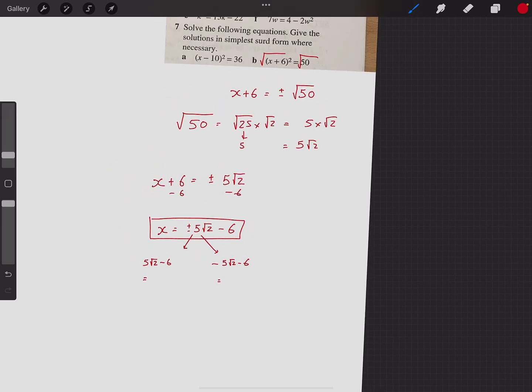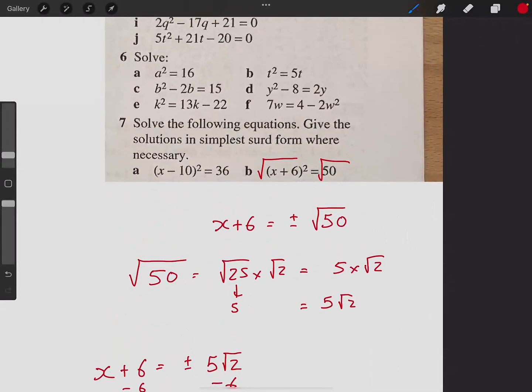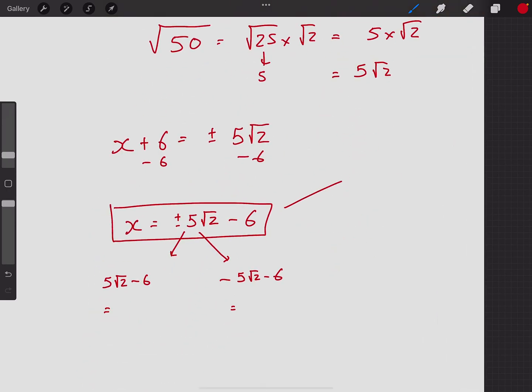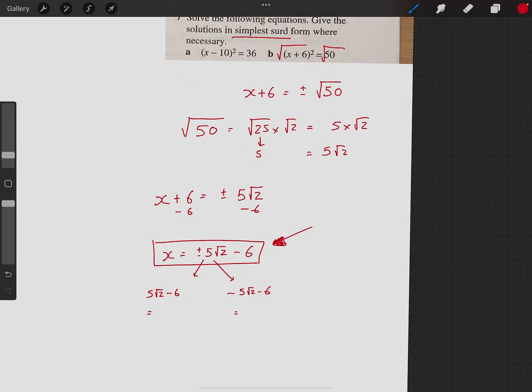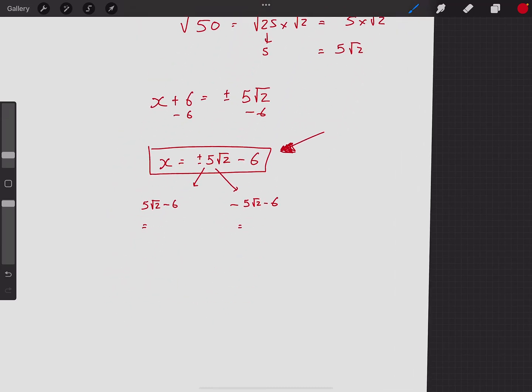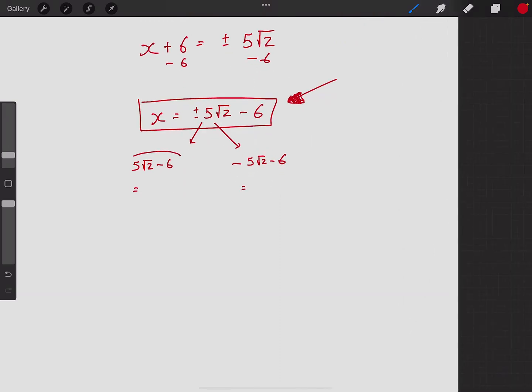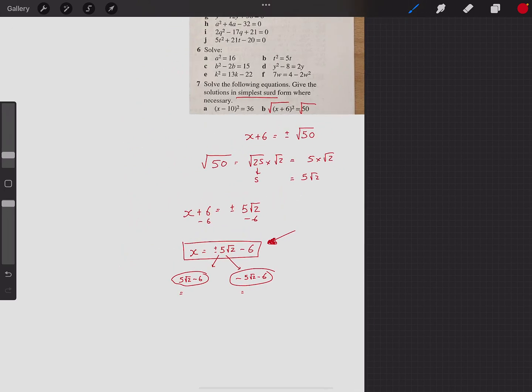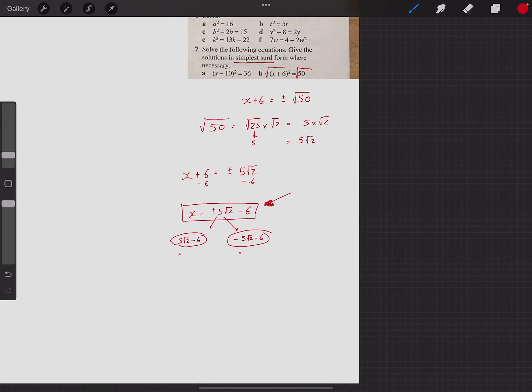Because question 7 says to give your solution in simplest surd form, we leave it like this. Yeah, so this method to solve it can also give us our surd form, whereas if you expand it, you won't get the surd form. You'll be struggling when you're trying to factorize. Okay, so this is the way to do it.